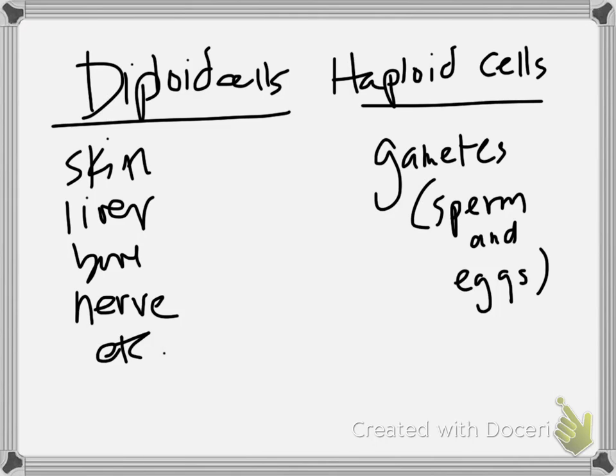But sometimes cells do need to reproduce. When would you need to make a new diploid cell? When these are damaged or die, you've got to replace them.